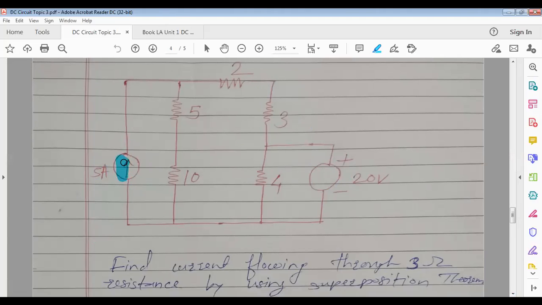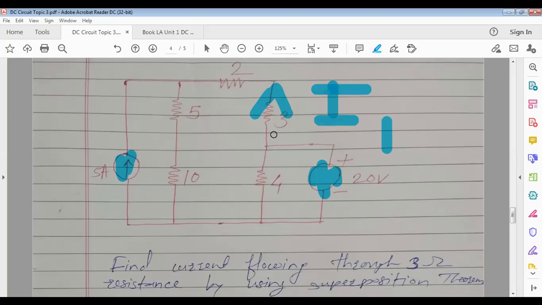When both sources are there, the exact current direction through the 3 ohm, whether upward or downward, is difficult to predict. But any direction you assume is fine. I will assume it as upward and consider it as I1. You can assume downward also.